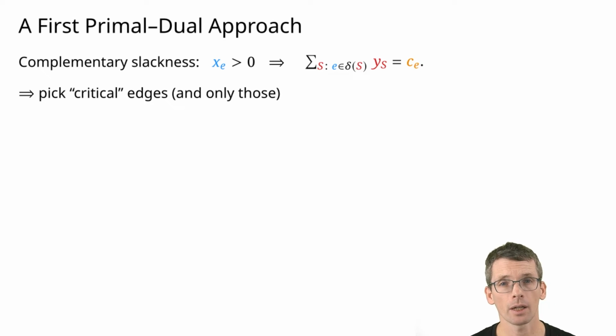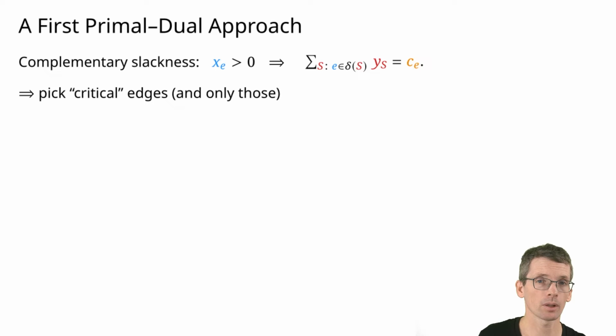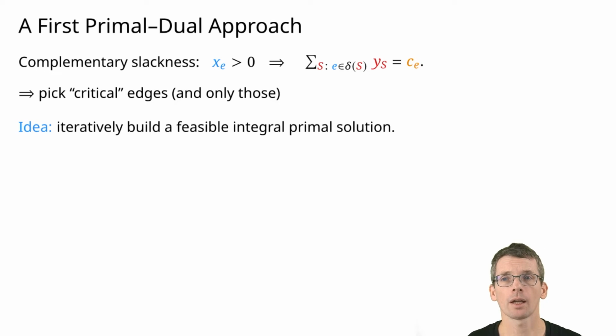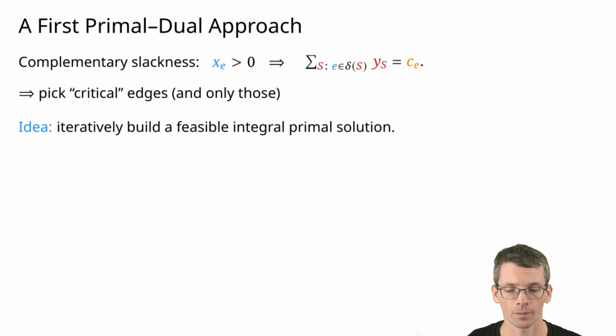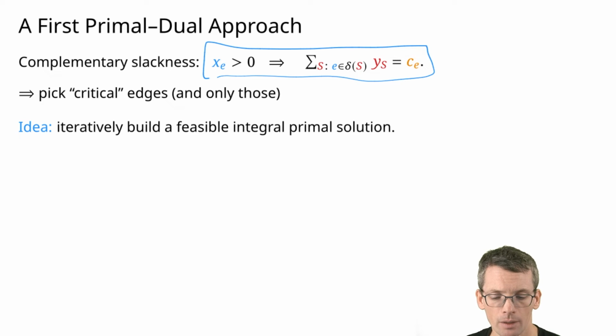And now the idea is that we're going to start with a trivial assignment to the variables, which gives us a feasible dual solution, but an infeasible primal solution. And then we are iteratively improving this solution. So we're iteratively making the primal problem more feasible, in particular keeping it integral, and also changing the dual solution on the way. And the key here is complementary slackness.